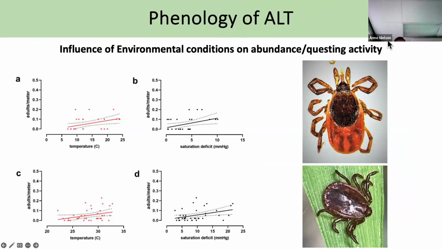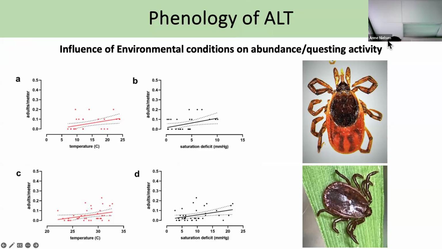One of the things that we did in parallel, besides looking at the distribution of the different stages throughout the year, was to look at whether environmental conditions play a role in the abundance of questing ticks. We found a positive correlation with temperature and saturation deficit, which is a way of measuring temperature and relative humidity together.